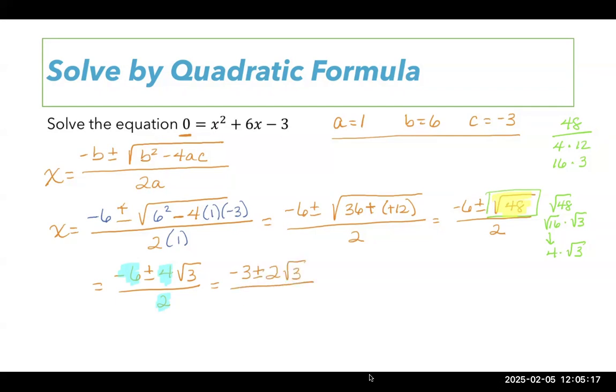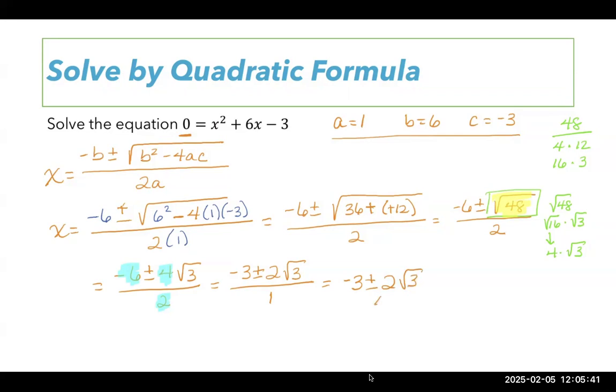We don't change anything inside the square root, because that 2 is not inside of a square root. So we're only dealing with the numbers outside of the square root. And then because I divided everything by 2, that 2 technically becomes a 1. So my final answer is -3 plus or minus 2 square root of 3.